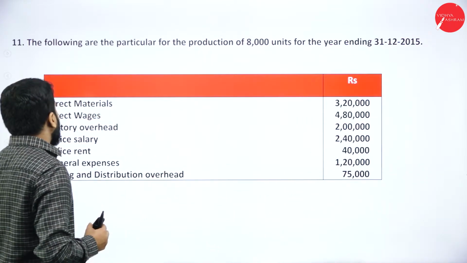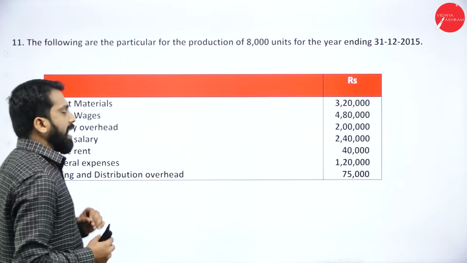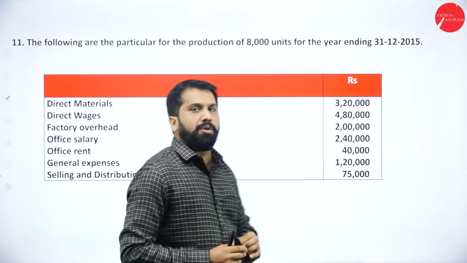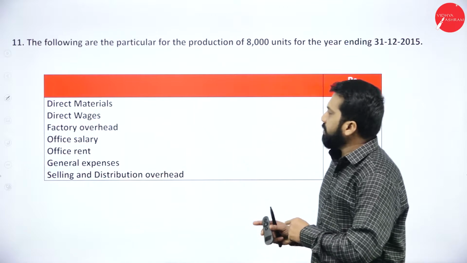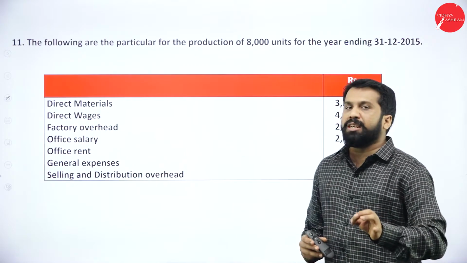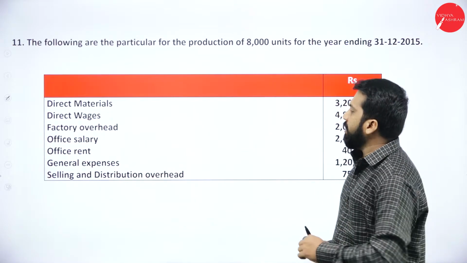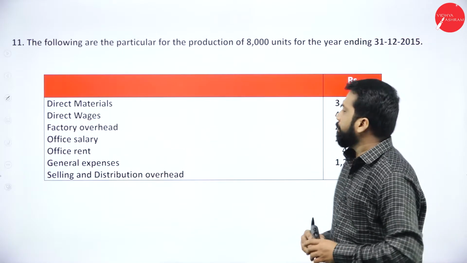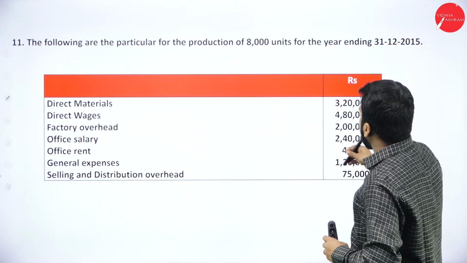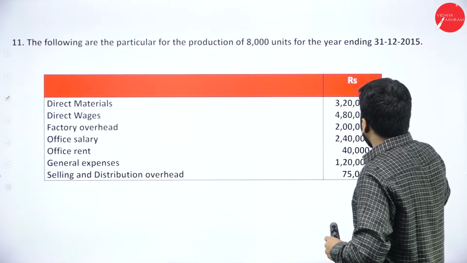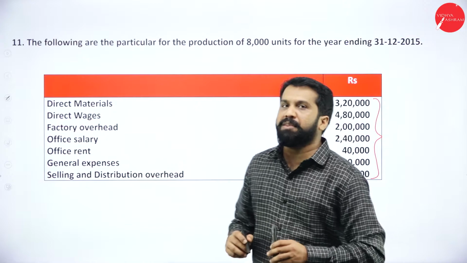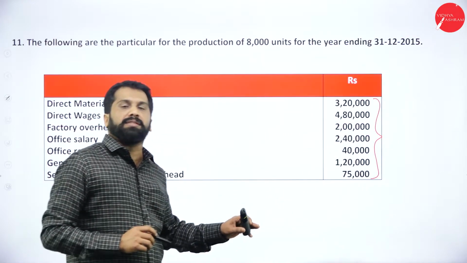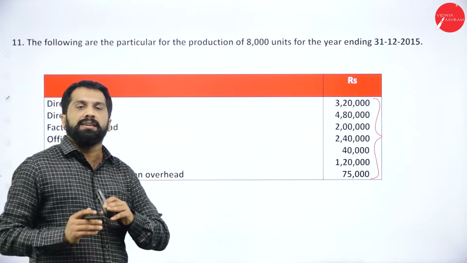In this, you have direct material, direct wages, factory overhead, then office salary, office rent, general expenses, and finally selling and distribution overhead. These are the informations you have. According to this, you are supposed to prepare your cost sheet.